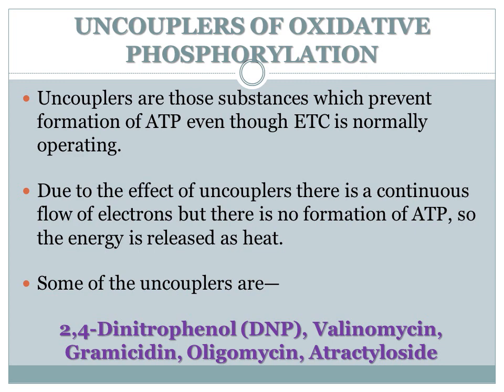Okay, this is one. The other one is, these uncouplers are used to reduce obesity. How? If you take one of these uncouplers, there is no formation of ATP. So our body will think we are hungry. So continuous energy is released as heat, no ATP formation.